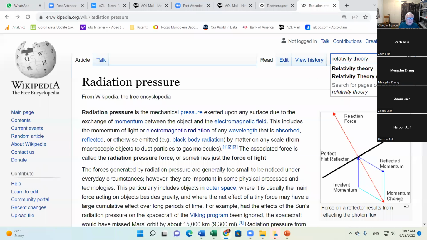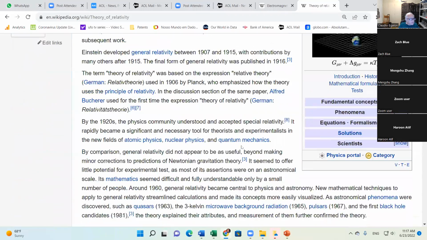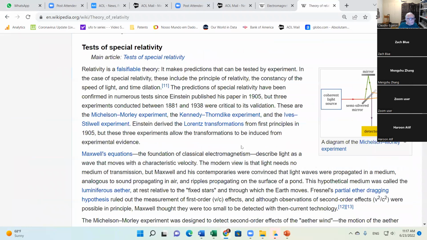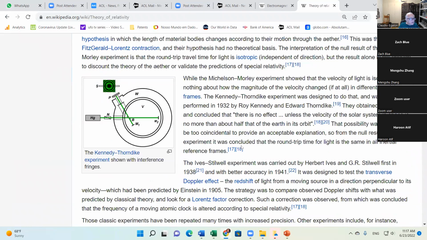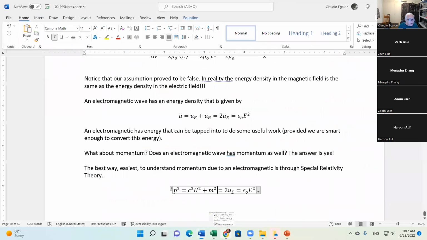There's a term in there that doesn't matter for this case, but what really matters is the c squared U squared. No, I'm doing it all the way around. Here you go. Sorry, I'm mixing that up.